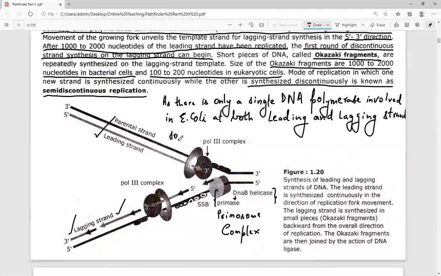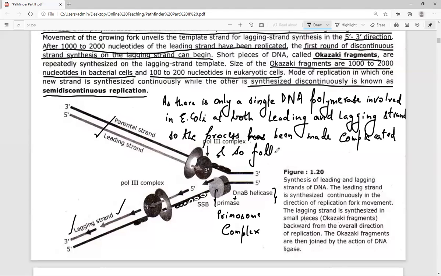So the process is complicated. The process has been made complicated and follows the trombone model of DNA replication.